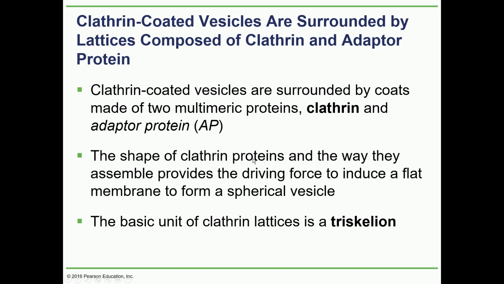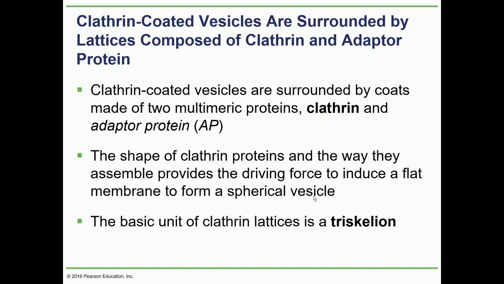Multimeric means they're made of more than one polypeptide chain. The shape of clathrin proteins and the way they assemble provides the driving force to induce a flat membrane to form a spherical vesicle.